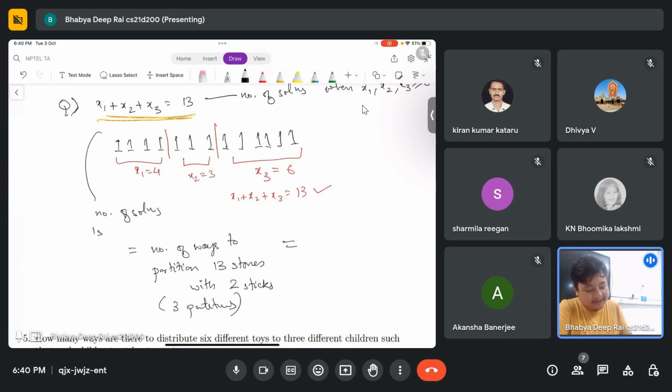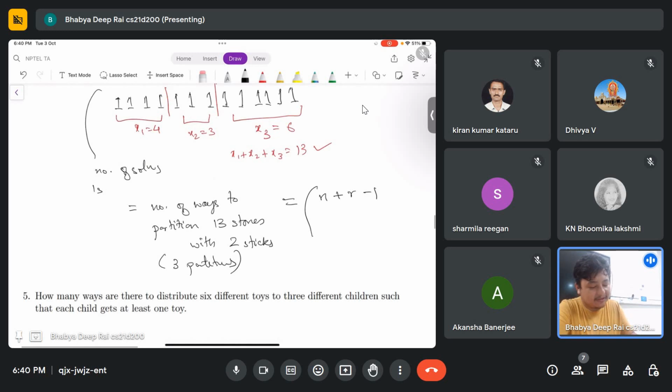And the formula is n plus r minus 1 choose n.